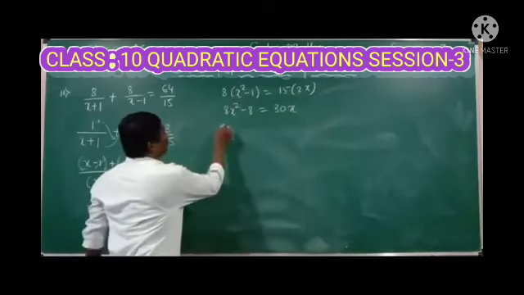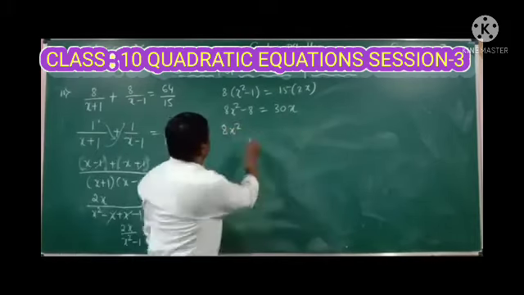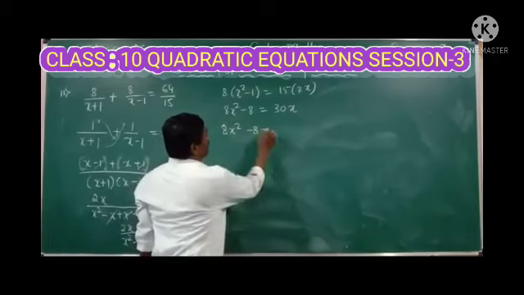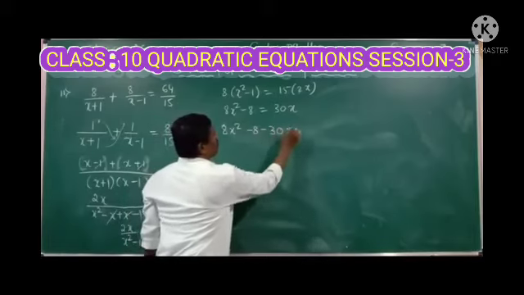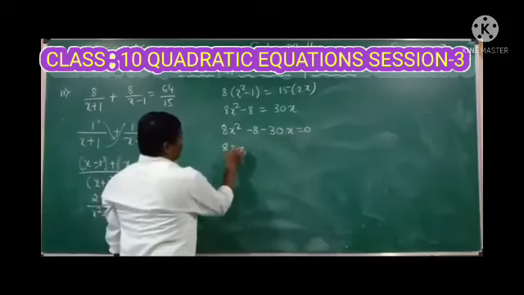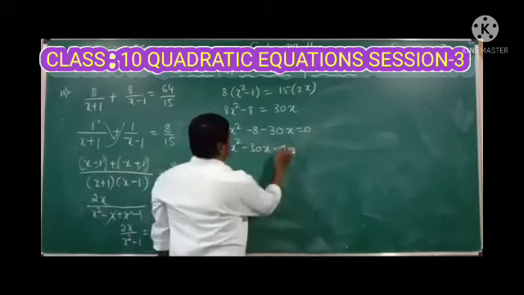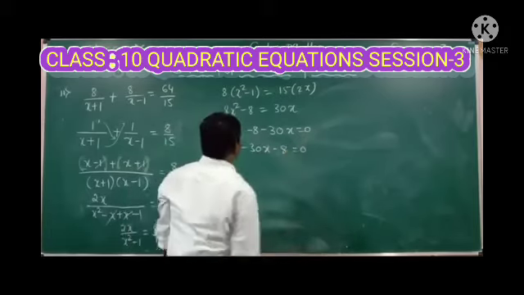It becomes 8x square minus 8 minus 30x is equal to 0. Just rearrange the terms as 8x square minus 30x minus 8 is equal to 0.